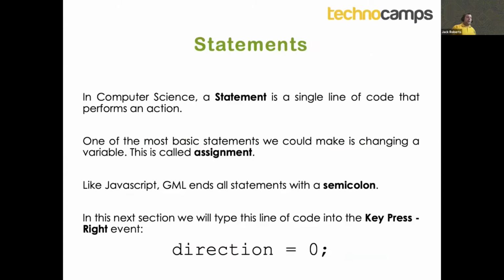Now, we'll be using variables and we'll be creating statements with them. In computer science, a statement is a single line of code that performs an action. And one of the most basic ones out there are assignment statements.